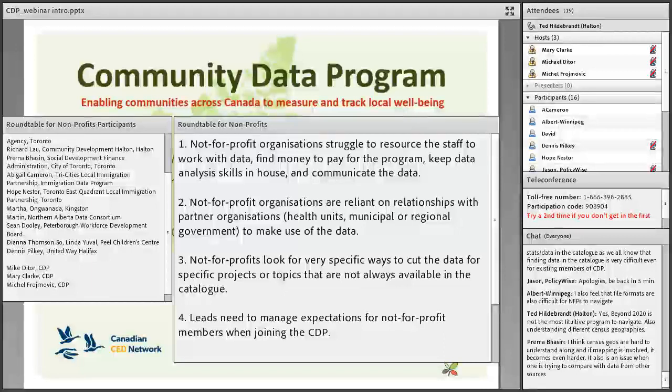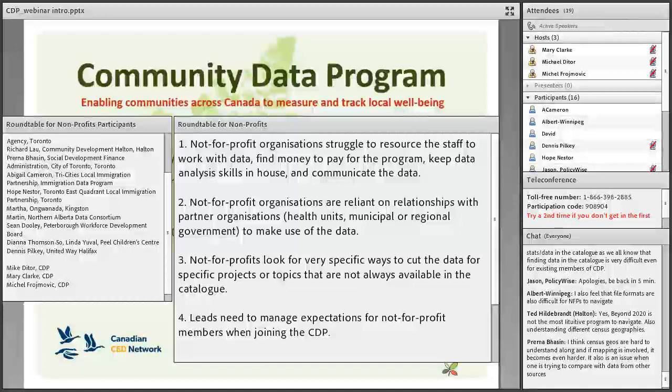I know that even locally over time, we've had different small nonprofit organizations join for a period of time and then leave the consortium because they didn't really have the capacity to do anything themselves with the data.